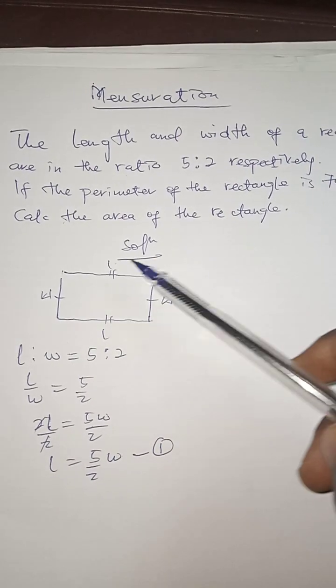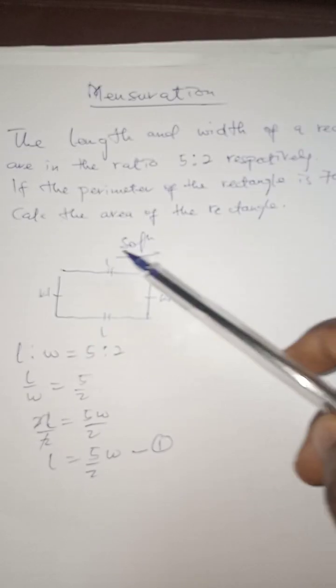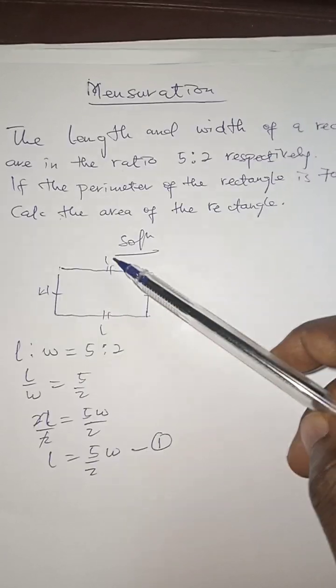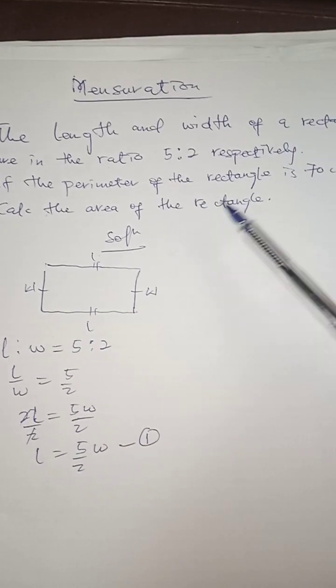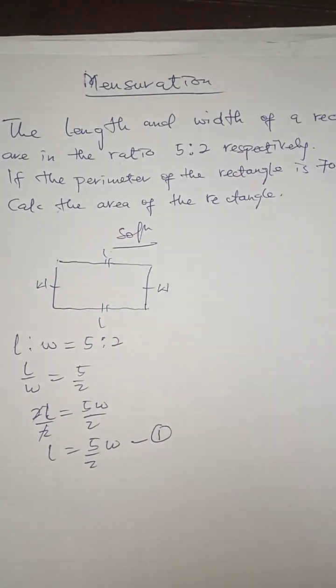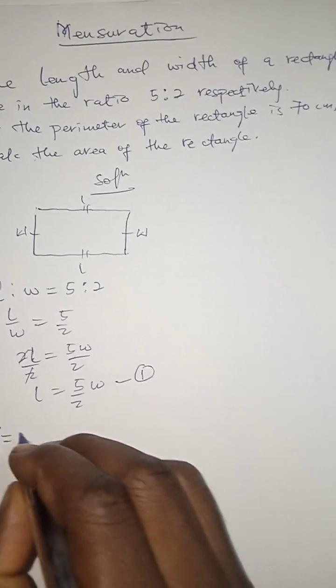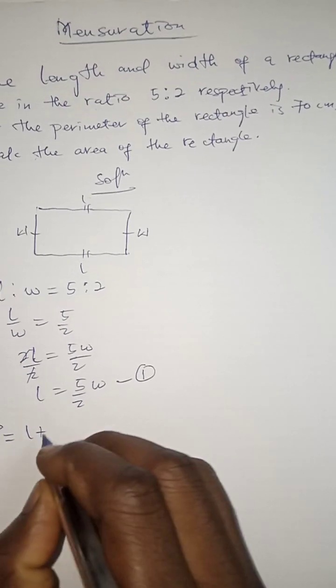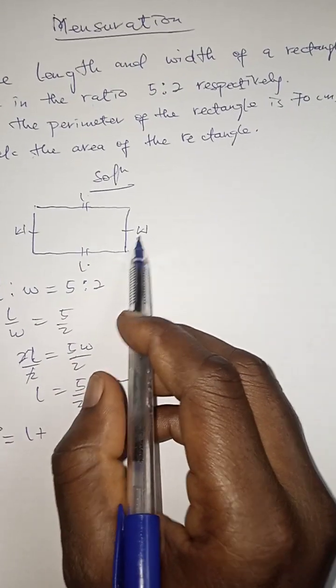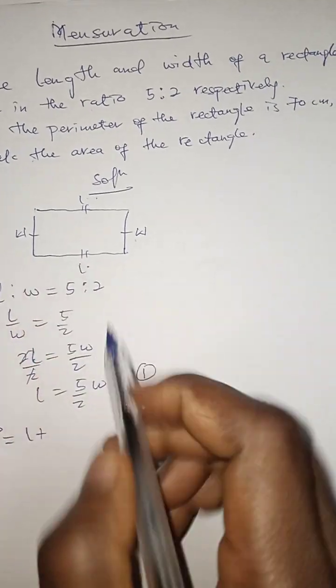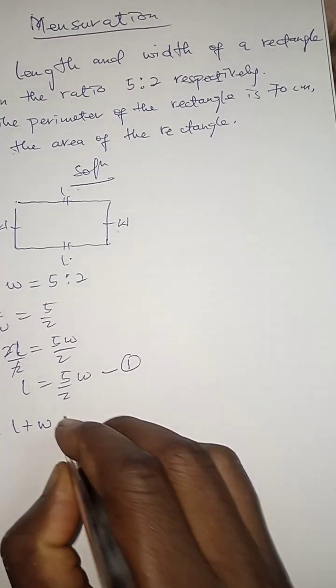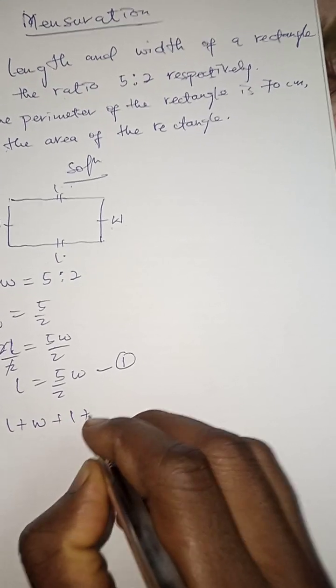So if we add all the sides of the rectangle, they should give us the perimeter, which is 70 centimeters. So you can write that perimeter P is equal to the length plus W plus length plus W.